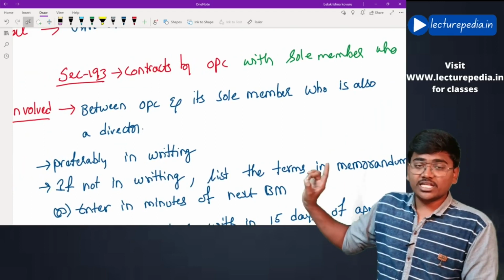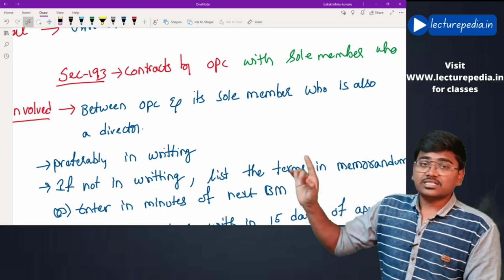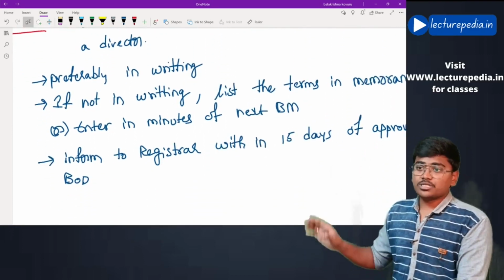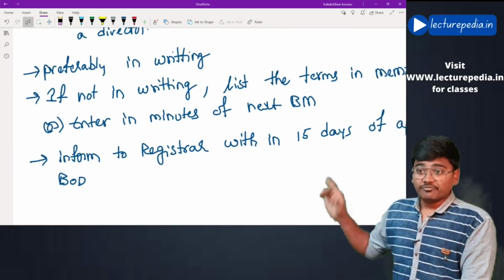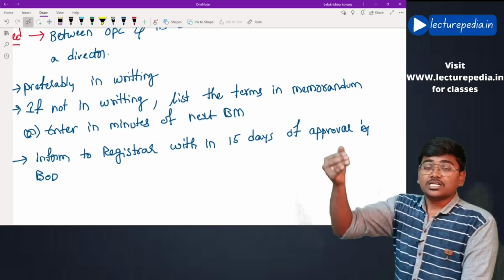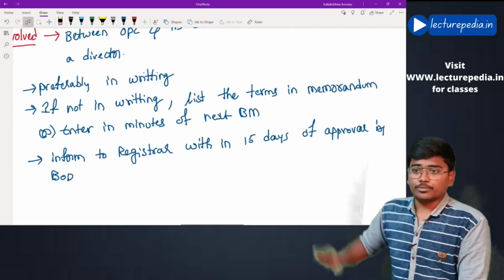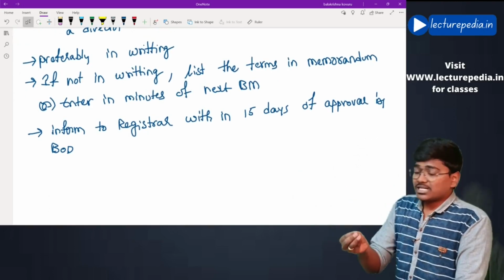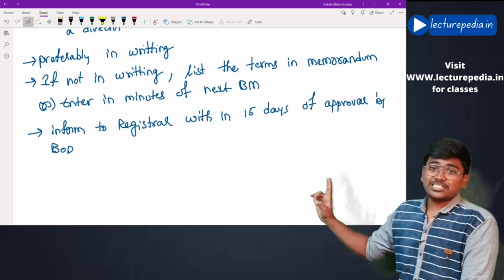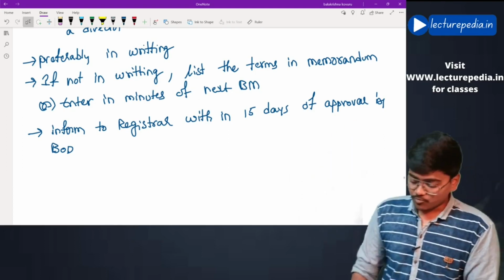If you are entering into any contract with such sole member who is also a director, then section number 193 has to be complied with. First of all, such a contract must preferably be in writing. If it is not in writing, list the terms of the contract in the form of a memorandum or enter them in the minutes of the next board meeting. And such a contract which you have entered must be informed to the registrar within how many days? Within 15 days from the date of approval of the board of directors.